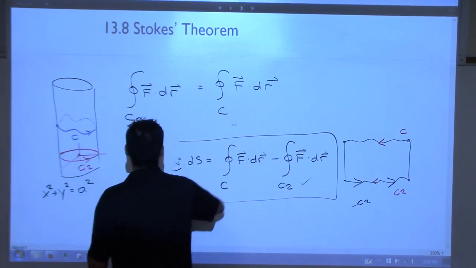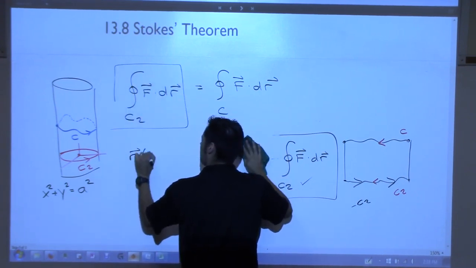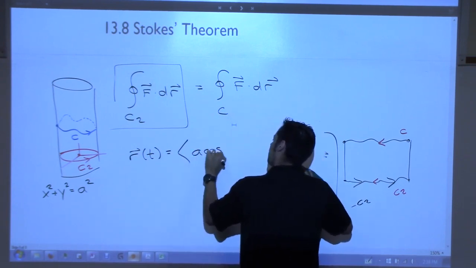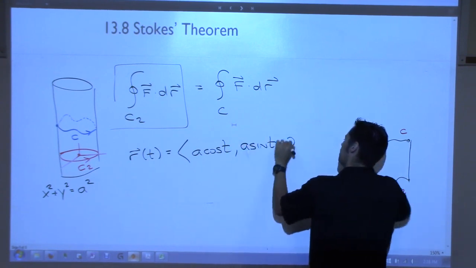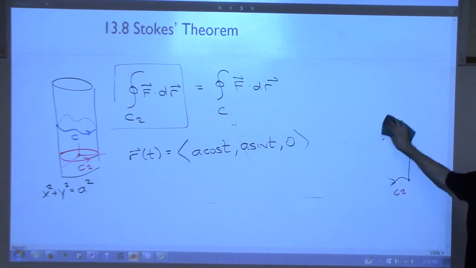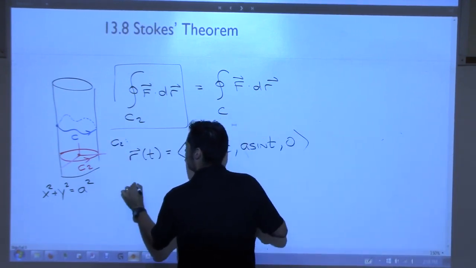And so now what you would do, because I only have 1 minute, I can't do it, is you would set up this one, because this one we can do, right? r(t) equals A cosine t, A sine t, 0, right? That's r(t). That draws me that circle, C2. This is C2. And then I need the derivative, right?